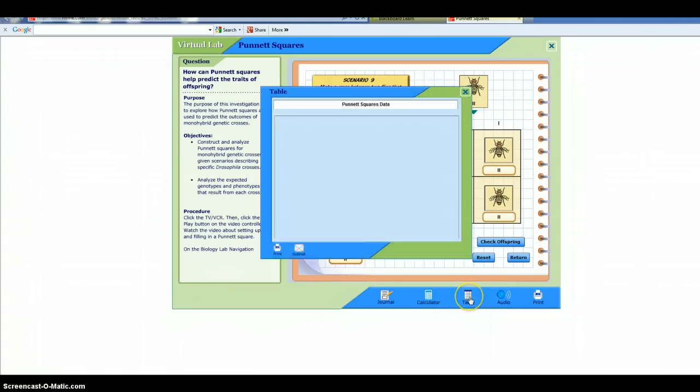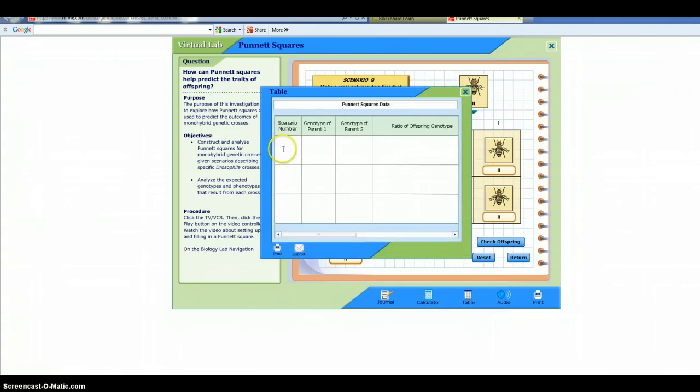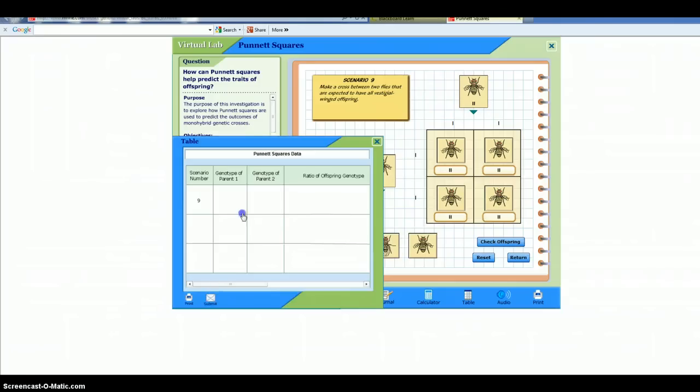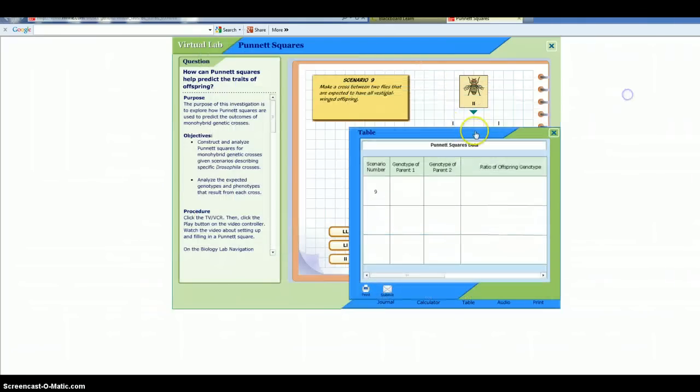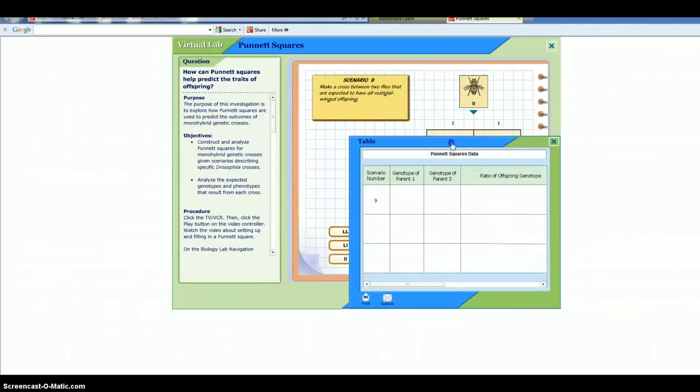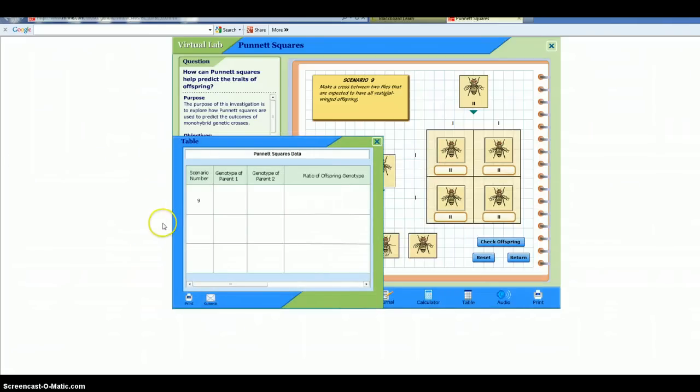So we go back to our table. Scenario number 9. Okay, I guess we need to print this table out or pull it off to the side so we can keep going with it. I got to get it out of the way so we can see everything.